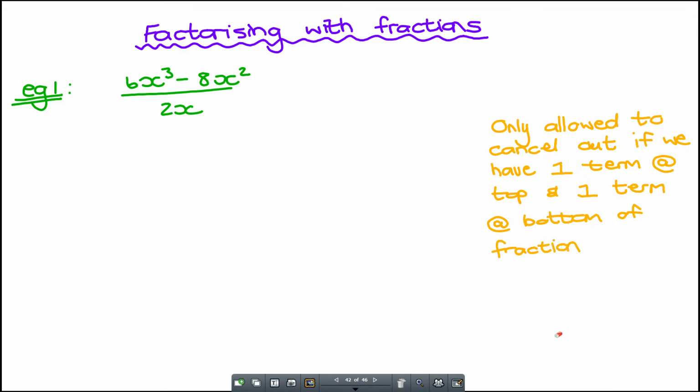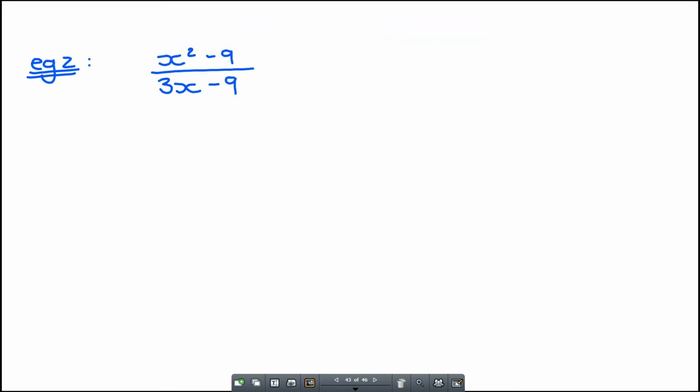If we don't have one term at the top and one term at the bottom, like we have over here, because at example 1, how many terms do we have at the top? 2. And how many at the bottom? 1. How can we make it one term at the top? Okay, that's one option. Yes, we could do that, but sometimes, like in the next example, we now have 2 terms at the bottom, so then it's a bit impossible, right?